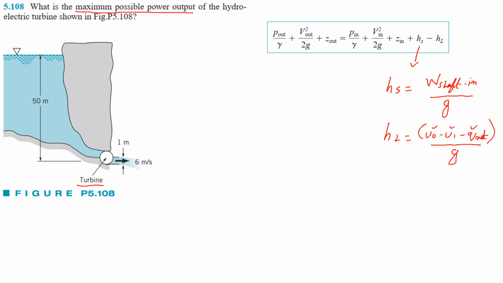Now I will write the energy equation in the form of outlet and inlet, and my outlet is this section, so this is section 2, and my section 1 is the surface of water. So I will write this equation now in terms of section 1 and 2.